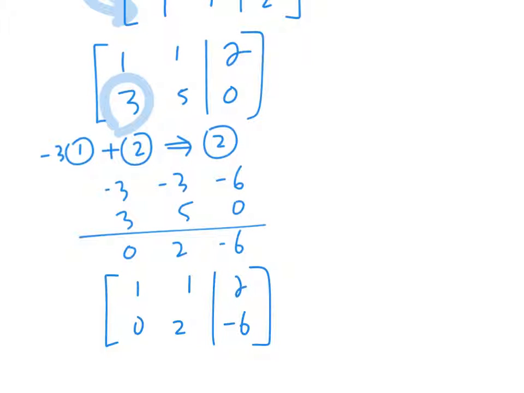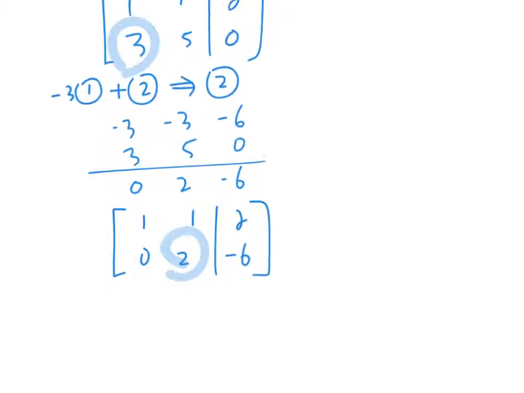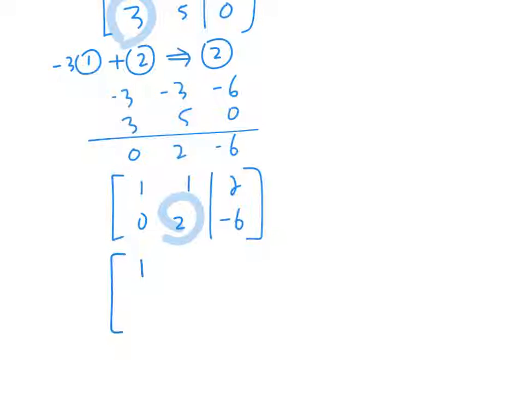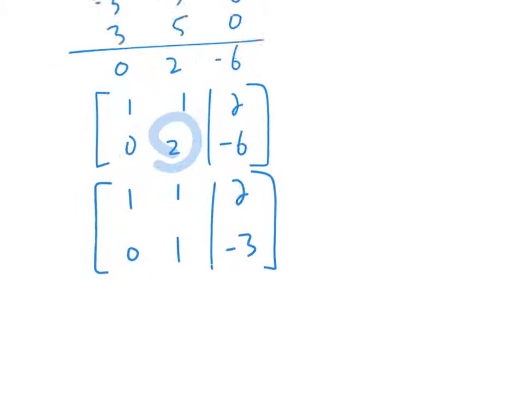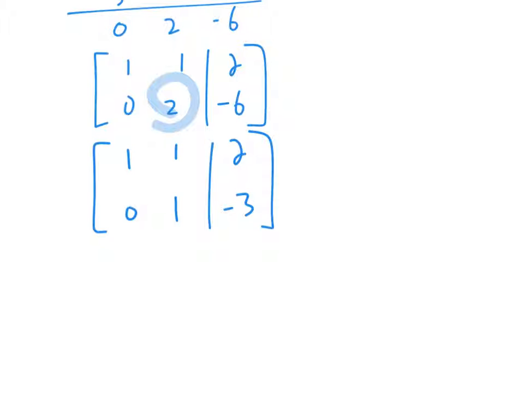Okay, 1, 0 is done. We're now going to get that 2 to become a 1. Multiply by 1/2. Good. 1, 1, 2, 0, 1, negative 3. All right, I'm going to let you do the last step. The last step we're going to do is basically, if you think about it, this is essentially what we're doing.